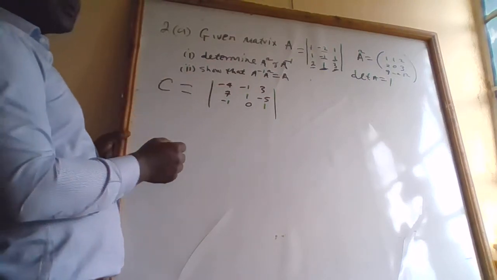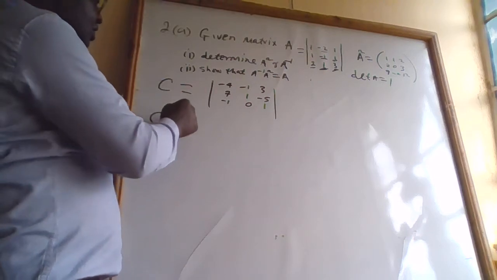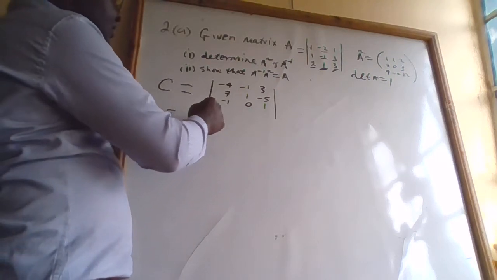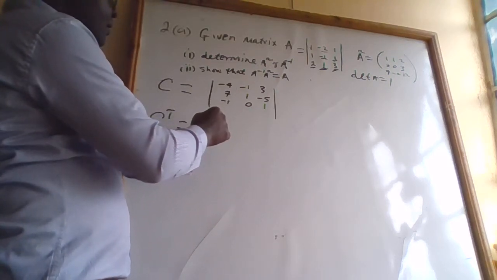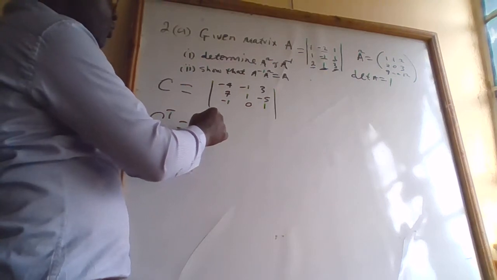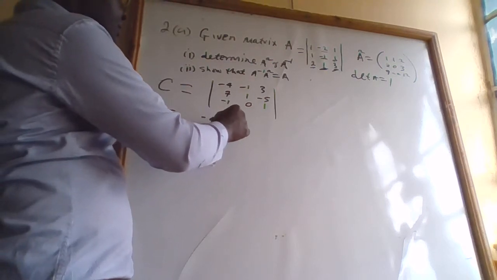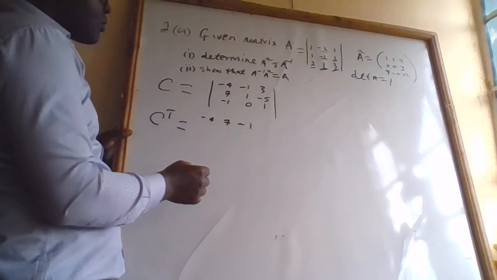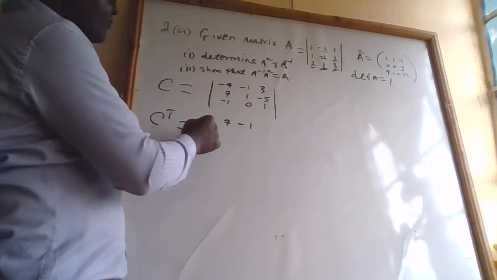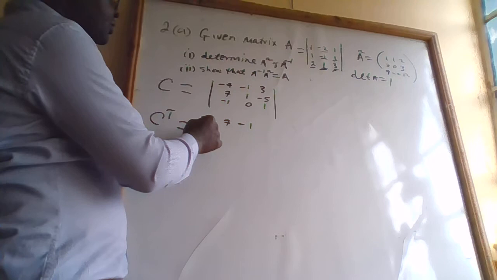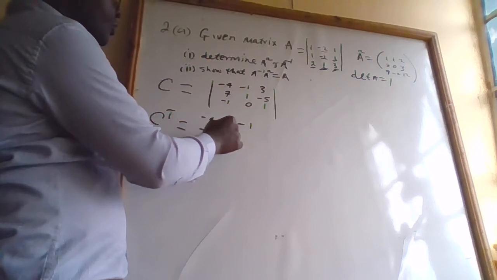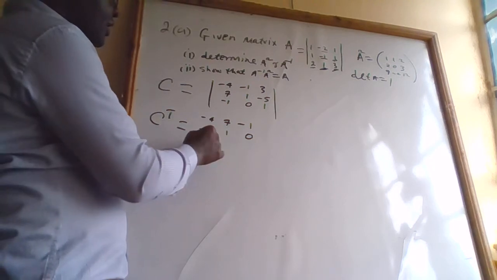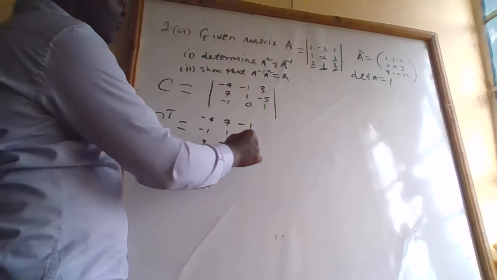Then from there we get the transpose of matrix C. Transpose is simply interchanging rows and columns. So here I'll have negative 4, then 7, negative 1, then I have negative 1, 1, 0, then I have 3, negative 5, then 1.